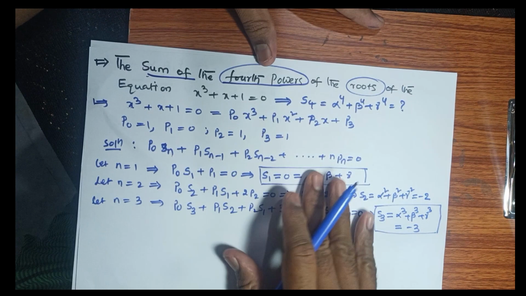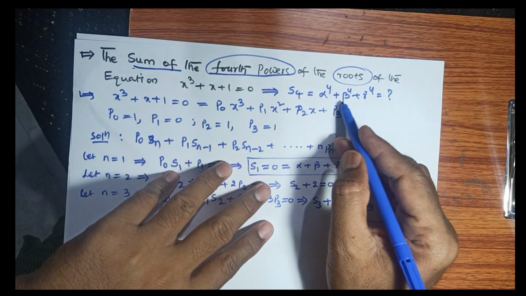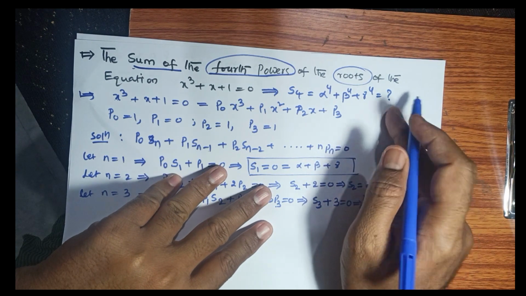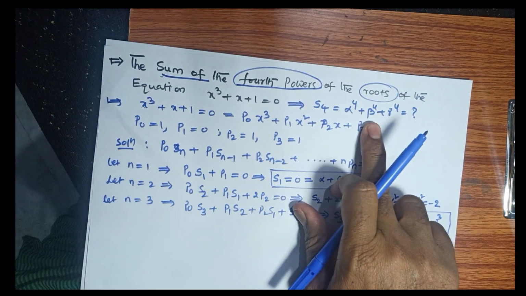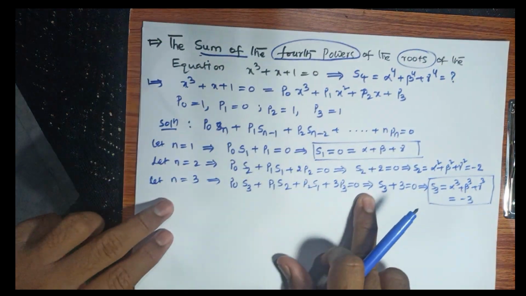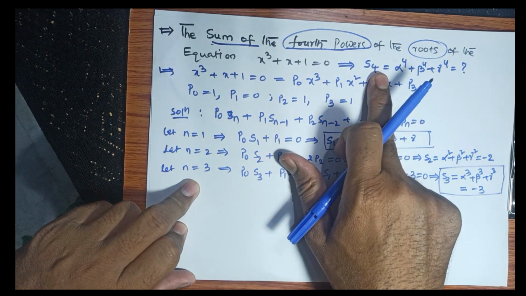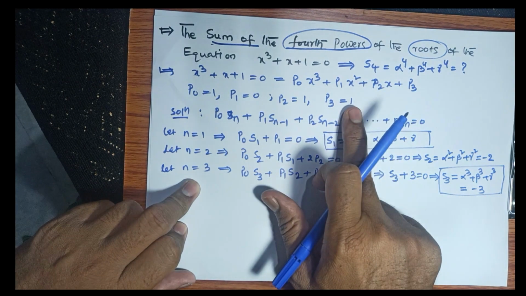What we require is S4, meaning alpha power 4 plus beta power 4 plus gamma power 4. To get this answer, we don't have P4. If you apply n is equal to 4, we need P4 to write S4, so we don't have it.